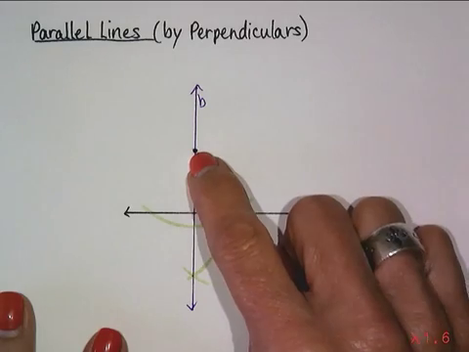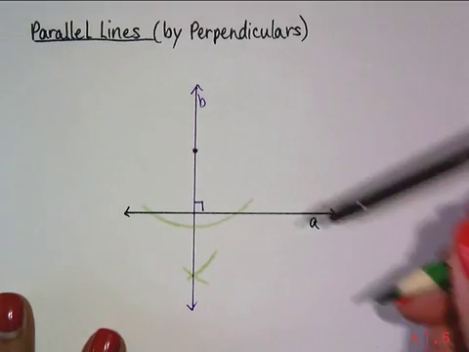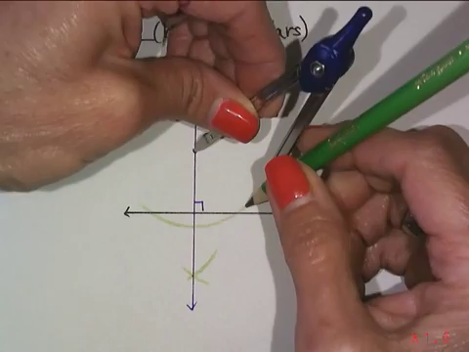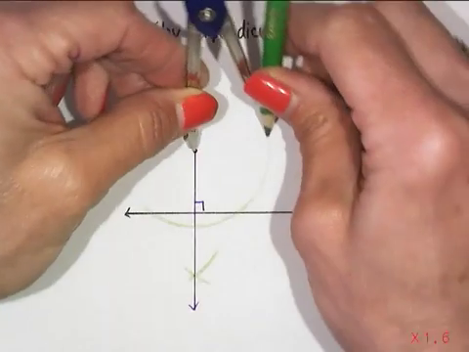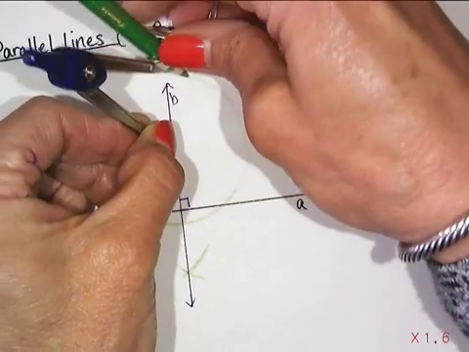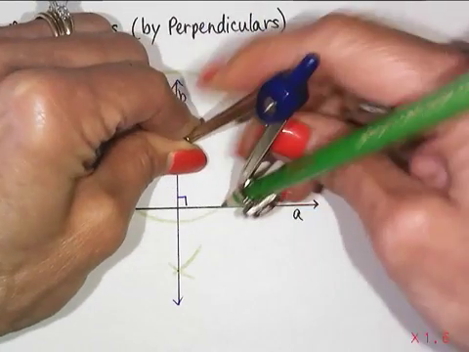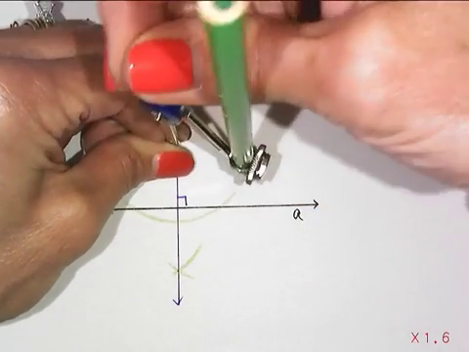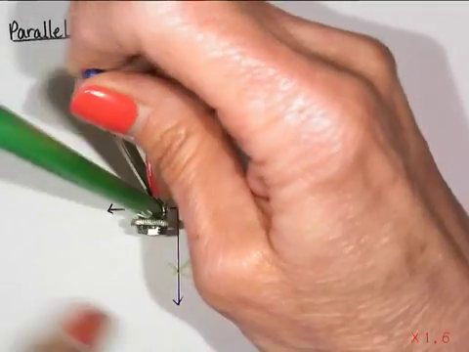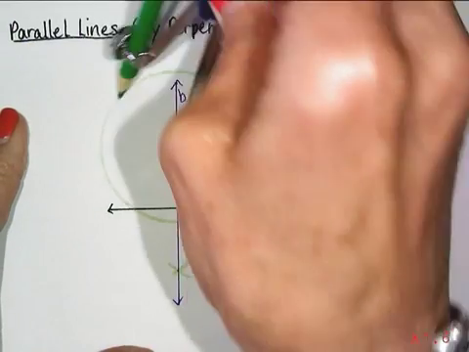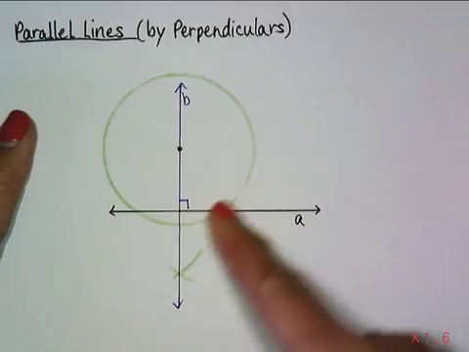So I'm going to take this point, this is going to now be my point of reference. I'm going to swing, actually, hey, watch this. Since I haven't changed my compass setting, watch how convenient it's going to be if I were to just have created or constructed or swung a full circle. Don't need it, but I just want to show you something. If I had kept going with that original arc, see this full circle?